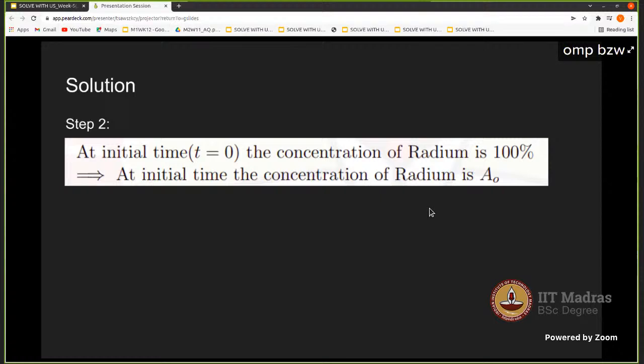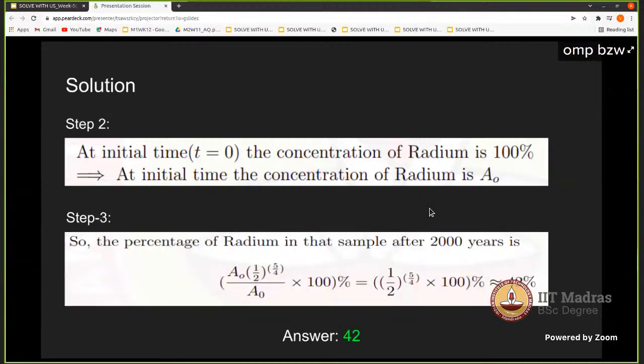A of 2000 is A naught times half to the power 5 by 4, right? So how much will this be? That is what we are going to compute. The percentage of radium in the sample after 2000 years is the concentration now divided by the initial concentration, times 100, right?